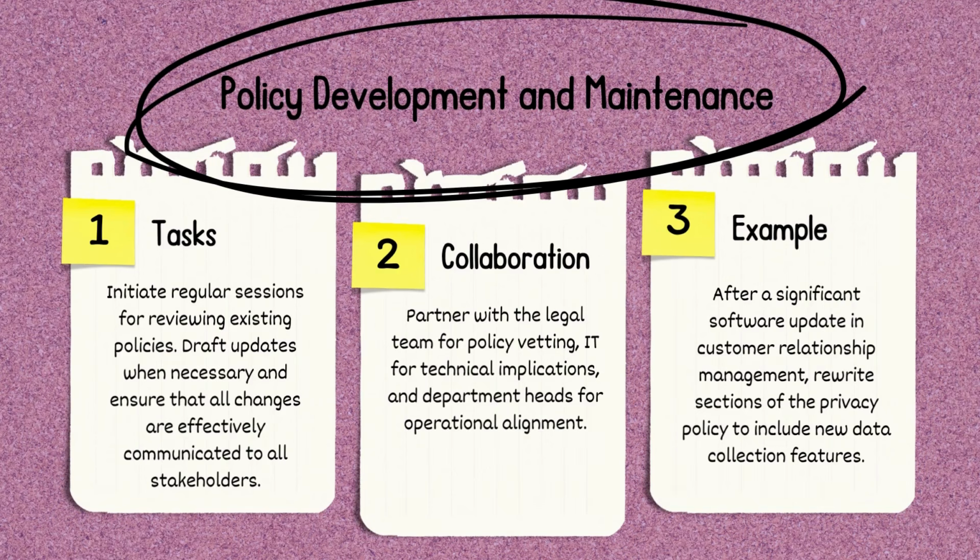The team you need to collaborate with are the legal team again for policy vetting, IT for technical implications, and the department heads for operational alignment. The example here is, after a significant software update in the CRM system, we need to rewrite the sections of the privacy policy to include the new data collection features, right?